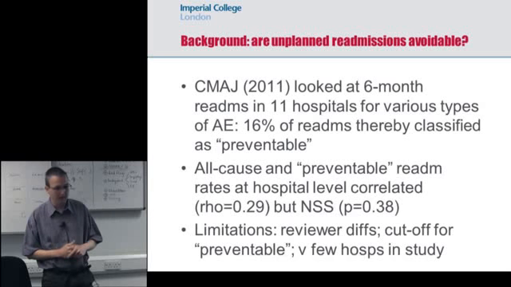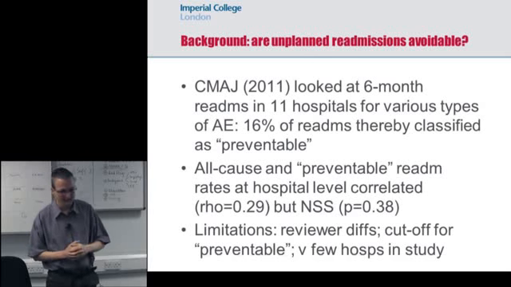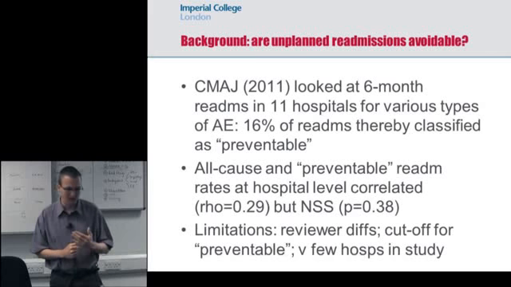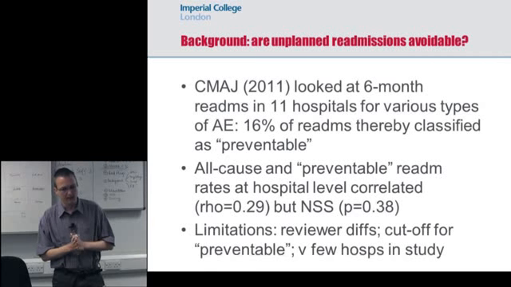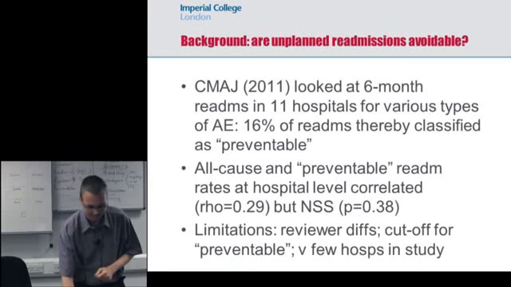There's a lot of parallels with the recent controversy over avoidable deaths in hospital, which I can talk about later. But readmissions, in a way, is kind of a similar thing. So this study has some major limitations which really prevent us from getting at the answer properly. But it's a good start.